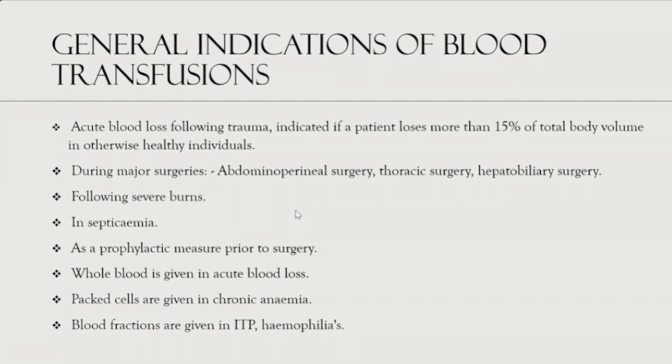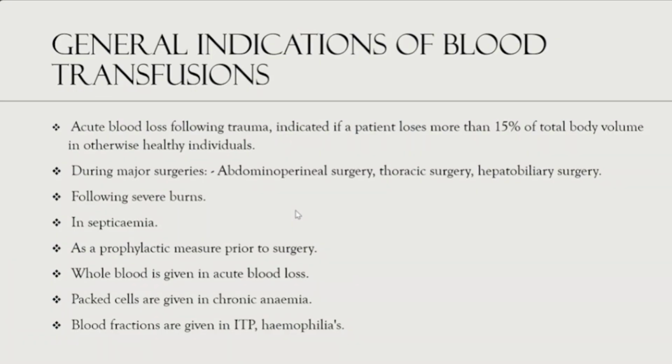So during major surgeries, for example, the abdominoperineal surgery, the thoracic surgery, the hepatobiliary surgery, they lose very considerable high amounts of blood. They are meant to also get blood transfusions.